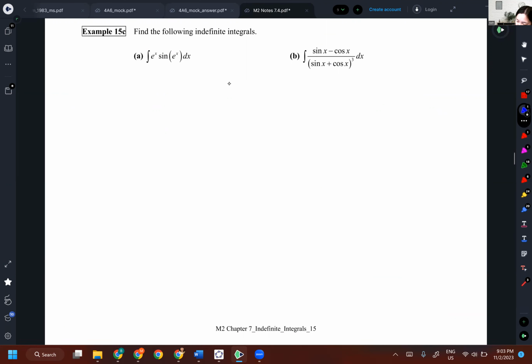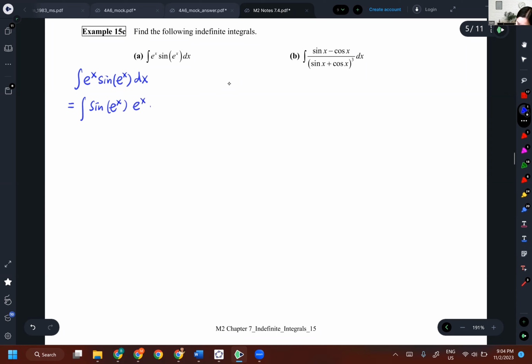So for this one, to integrate e^x sine e^x dx equals sine e^x times e^x dx again. And this one is d e^x, that's my substitution.